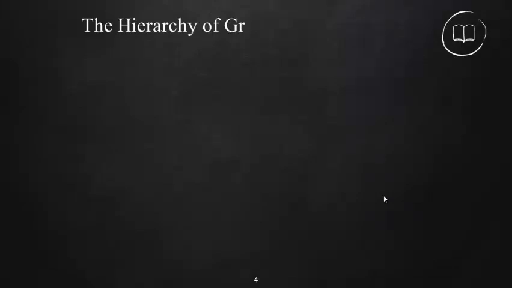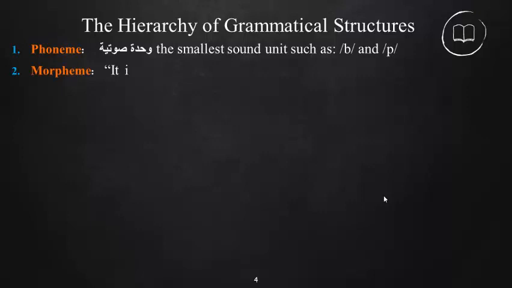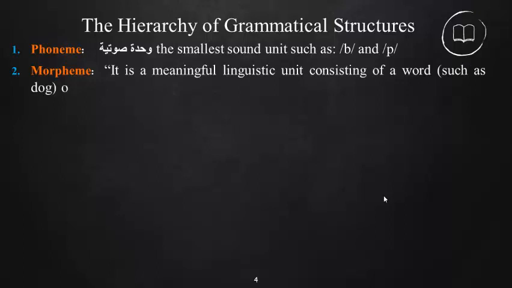Now, let's see the hierarchy of grammatical structures in the English language. The first, or the smallest one, is the phoneme, which is, for example, B and P. Then, bigger than the phoneme is the morpheme, which is a meaningful linguistic unit consisting of words such as table or dog, or part of a word such as the S of plural.